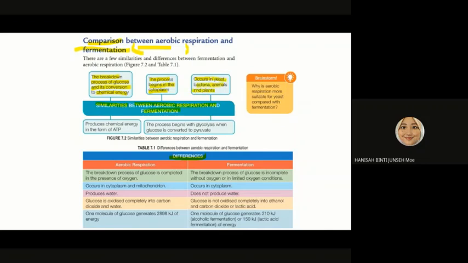Alright. And the fourth one produce chemical energy in the form of ATP. And the last one, the similarity between aerobic respiration and fermentation is the process begins with glycolysis. Yes, when glucose is converted to pyruvate.